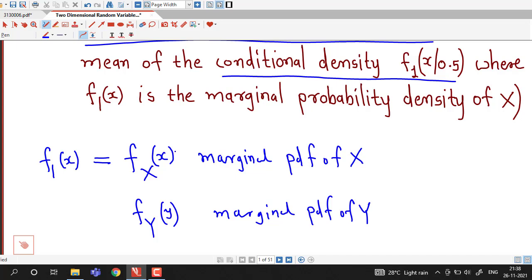So f1(x) is the notation for the marginal density of random variable x. Similarly, the marginal density of random variable y can be denoted by f2(y). So here random variable 1 stands for x and random variable 2 stands for the random variable y.